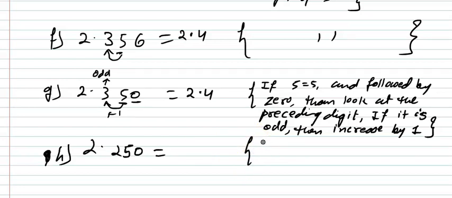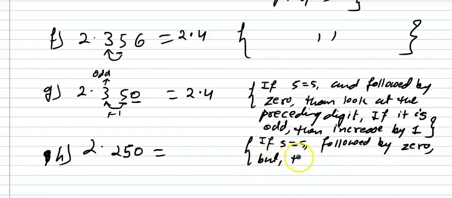Here 5 is equal to 5 followed by 0, but the preceding digit is even.